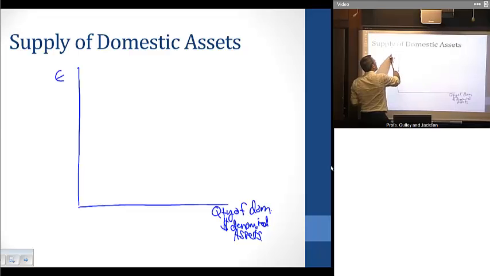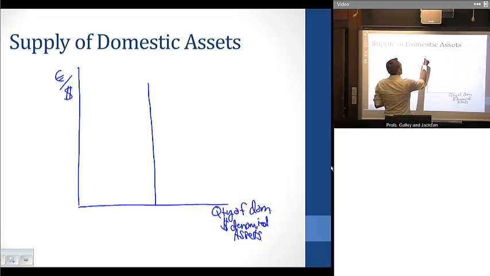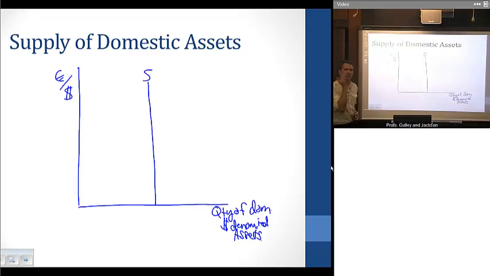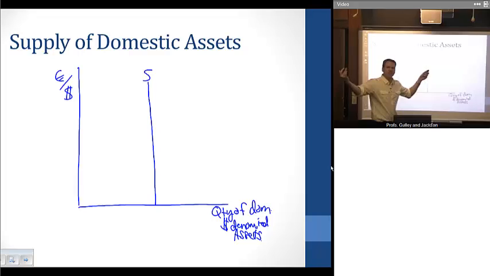So in this case, our benchmark is the amount of euros we need in order to buy 1 unit of dollars or these domestically denominated assets. As I said before, our supply of domestic denominated assets is going to be perfectly vertical. It's going to be fixed at some particular predetermined level because of the size of all of these things that we're thinking about, the value of real estate, bank accounts, etc. It's large, and it's not going to change much relative to any movements in the exchange rate. So for simplicity, we assume that the supply of assets is vertical, it's fixed, and it doesn't change.